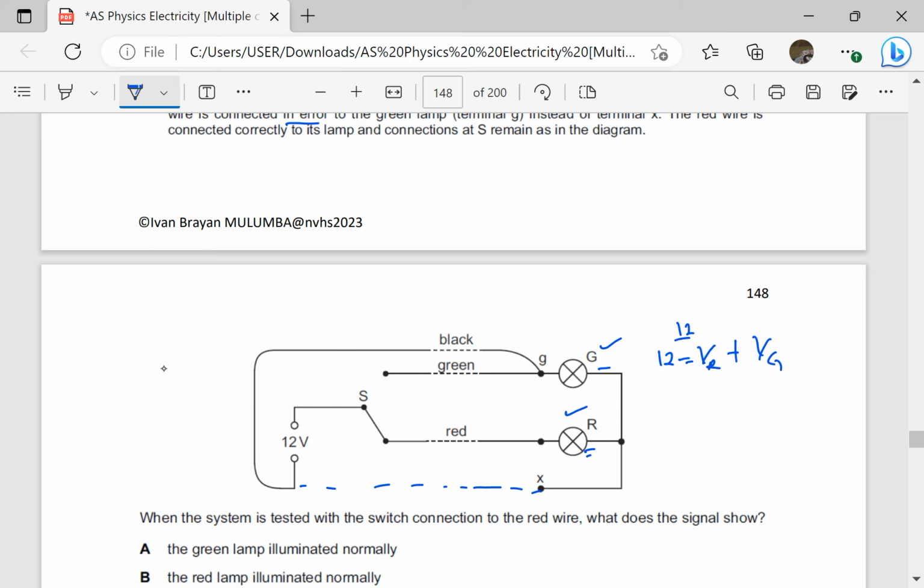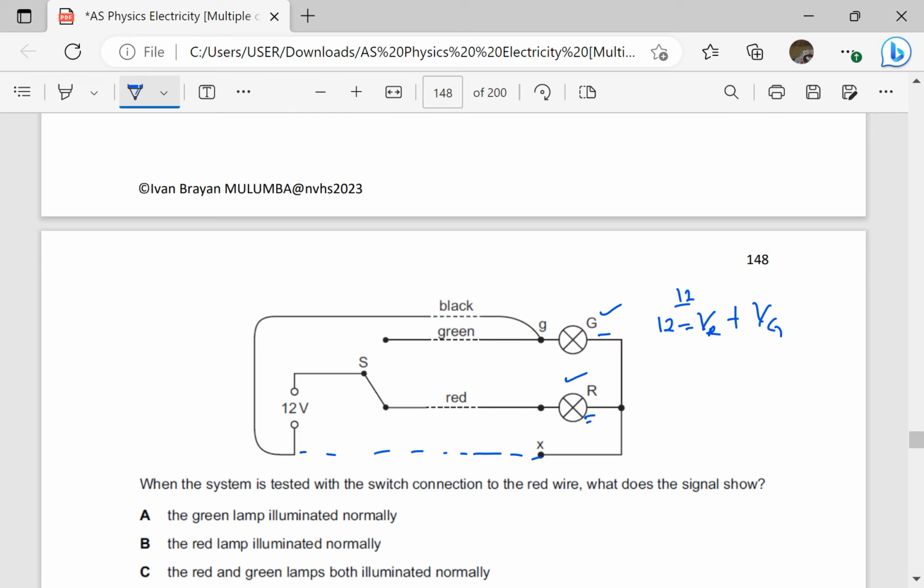First of all, both of them will light, but they will be dimmer because the PD across them is smaller. Both of them will light because there is current going through both of them. They are now in series, but they will not light normally because the PD of 12 volts is being divided between them.